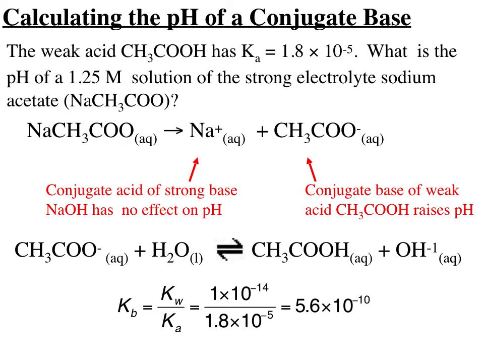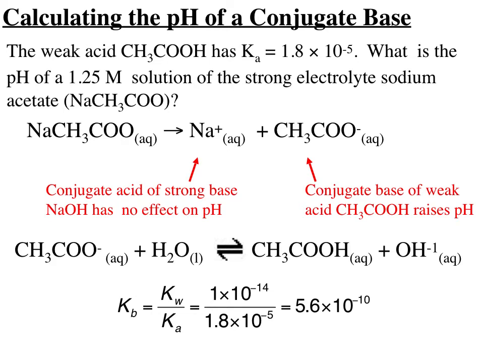It doesn't affect pH. But because acetic acid is a much, much weaker acid than hydrochloric acid, its conjugate base, the acetate anion, is a much, much stronger base than the chloride ion, which is the conjugate base of HCl.